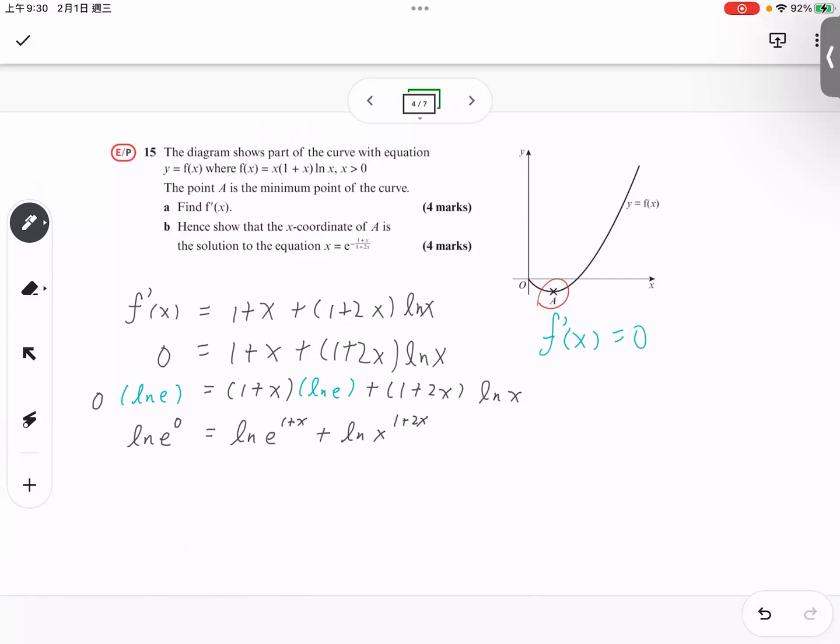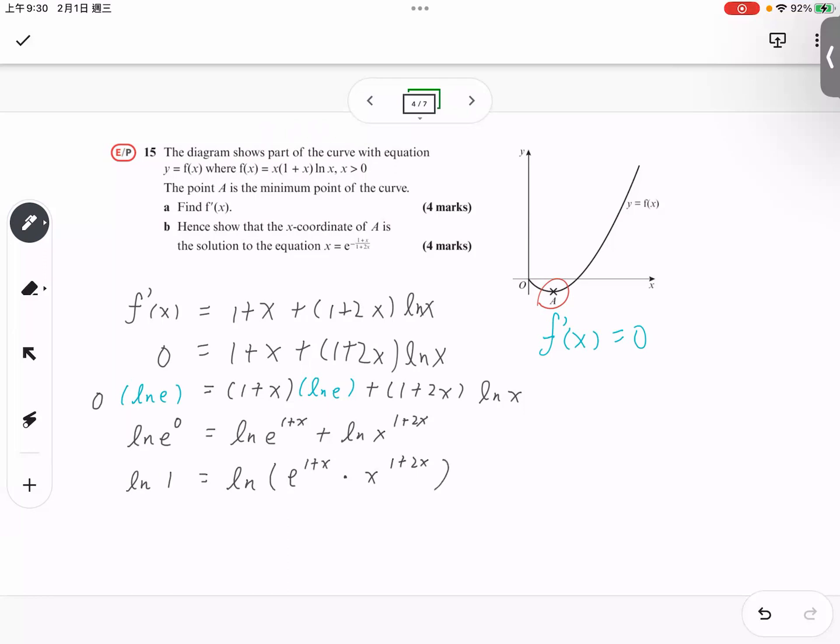So you will see we still have the sum of two logarithms here, but we can mix them up into one. This is log, okay, exponential 0 is 1. And then we can put them together with natural log e to the 1 plus x times x to the 1 plus 2x.